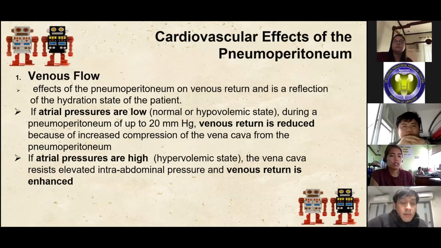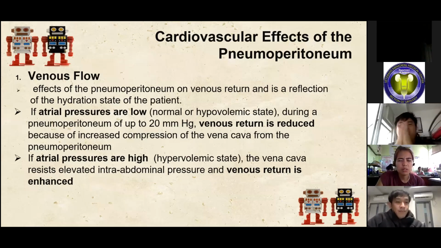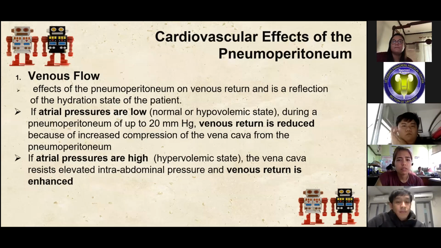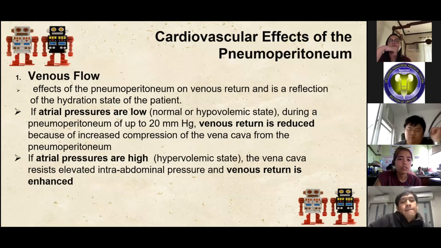If the atrial pressures are low, like during a pneumoperitoneum of up to 20 millimeters mercury, venous return is reduced because of increased compression of the vena cava from the pneumoperitoneum. If atrial pressures are high, the vena cava resists elevated intra-abdominal pressure and venous return is enhanced.